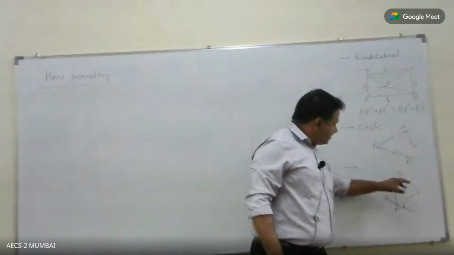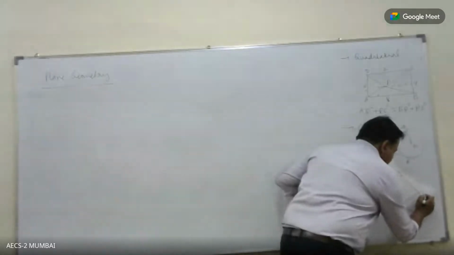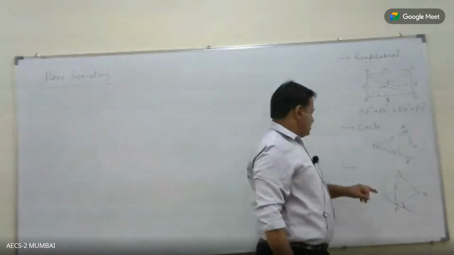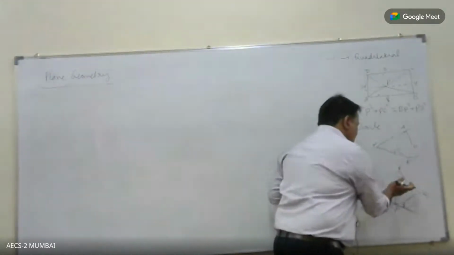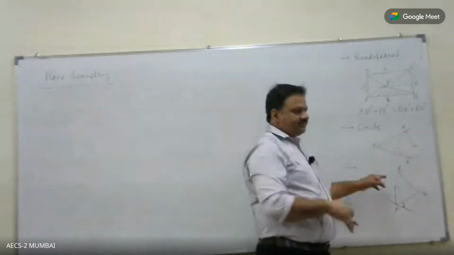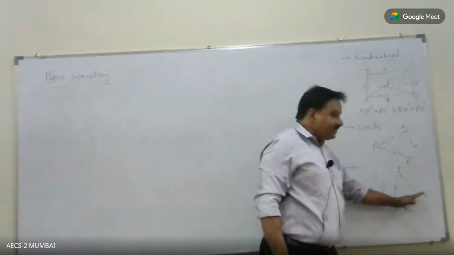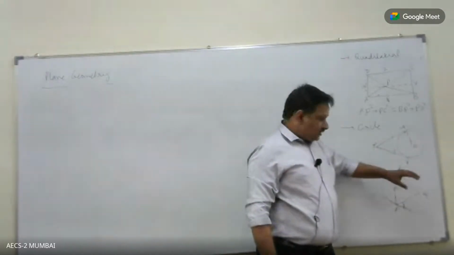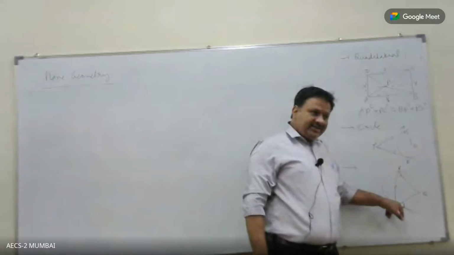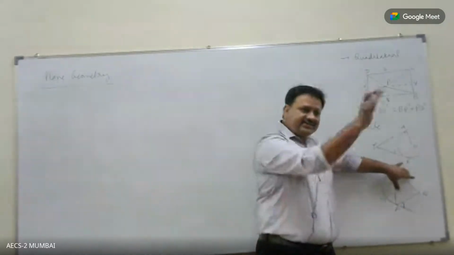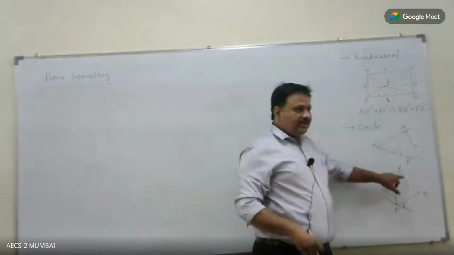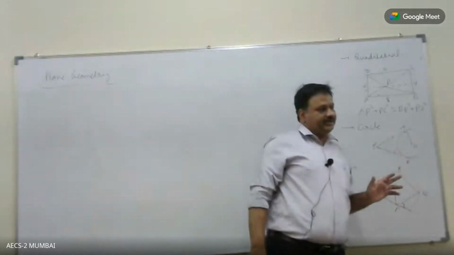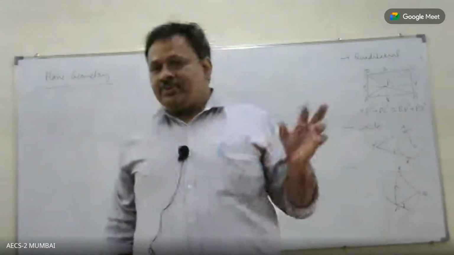This is the angle made by the same chord, let us say PQ, on the other segment of the circle. This chord divides the circle into two segments, first segment, second segment. So on this side you are taking the angle with the tangent, so this can be called the other segment. So these two angles are equal. What is this property called?